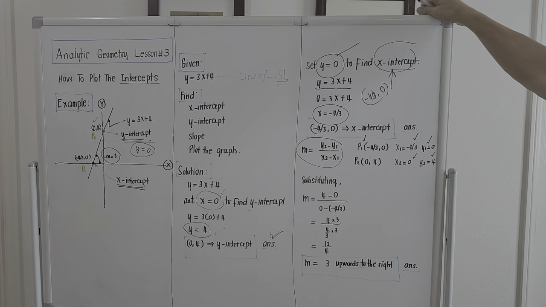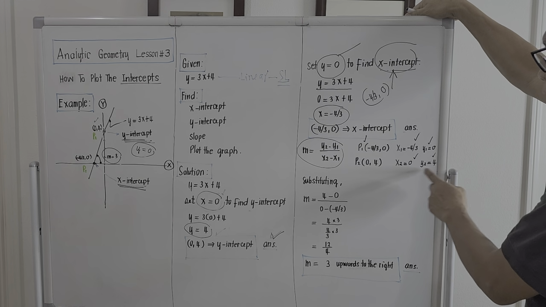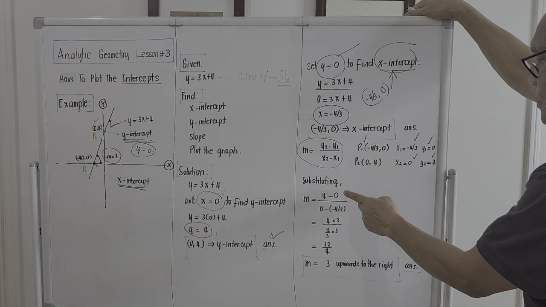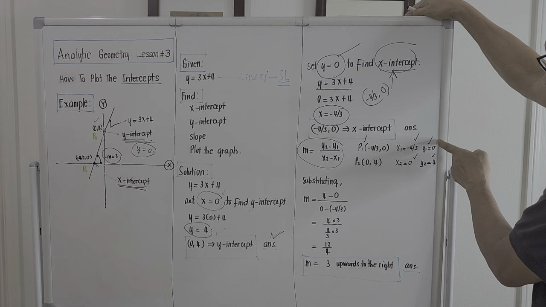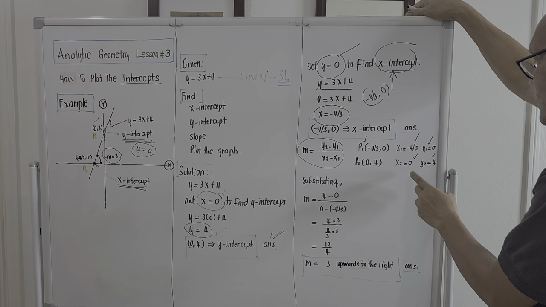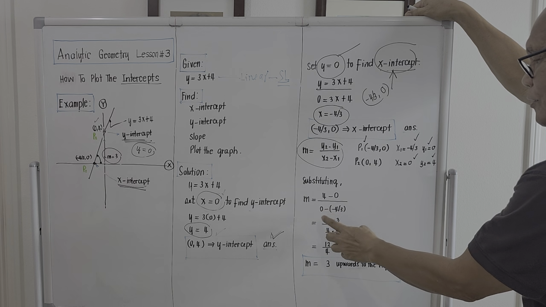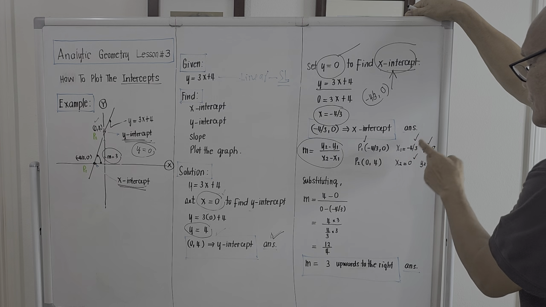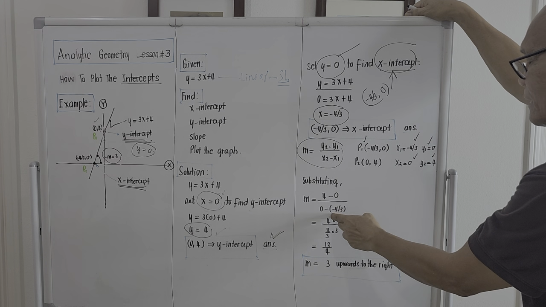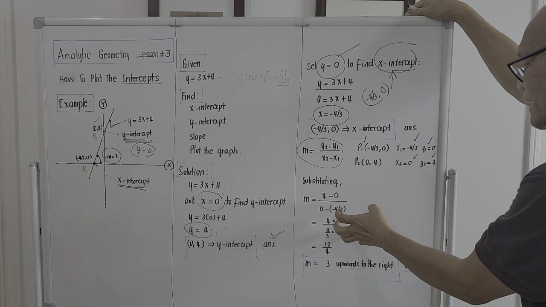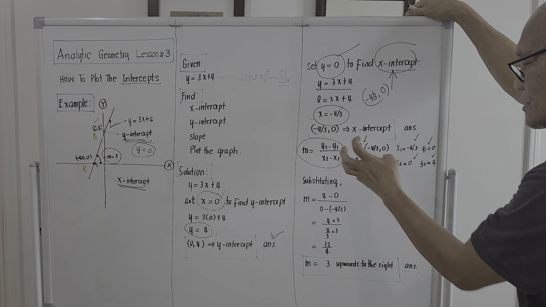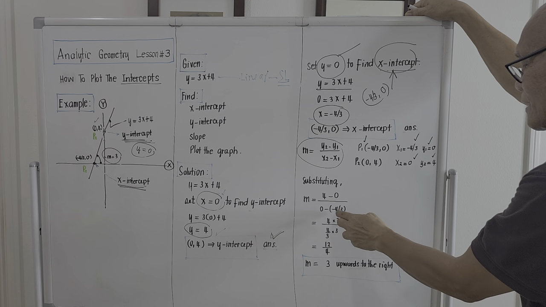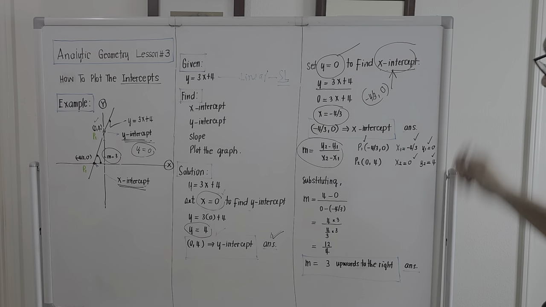Substituting now, y sub 2 will be 4, so this is 4 minus y sub 1, which is 0, all over x sub 2, which is 0, minus, open quantity, x sub 1, which is negative 4/3. I place a quantity here because we are subtracting a number which has a negative sign. So open quantity, negative 4/3, close quantity.